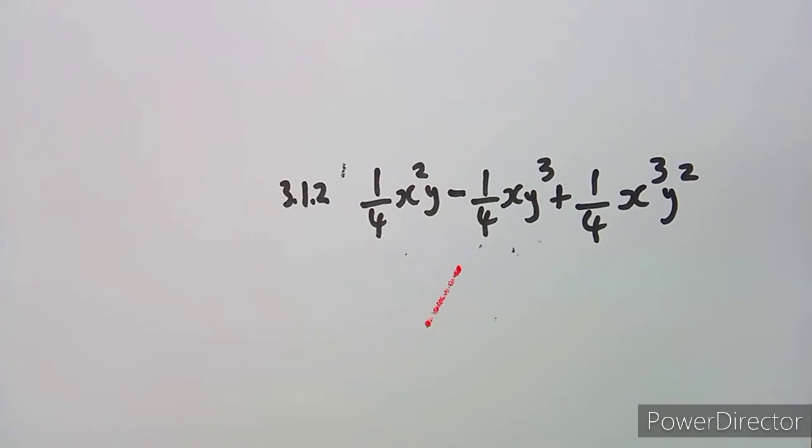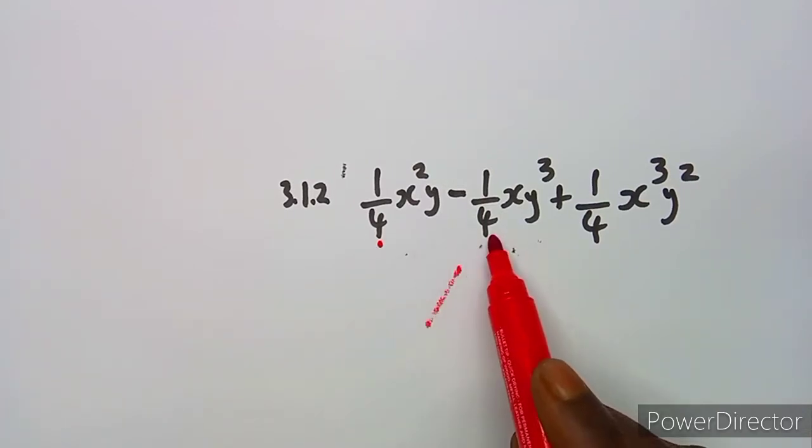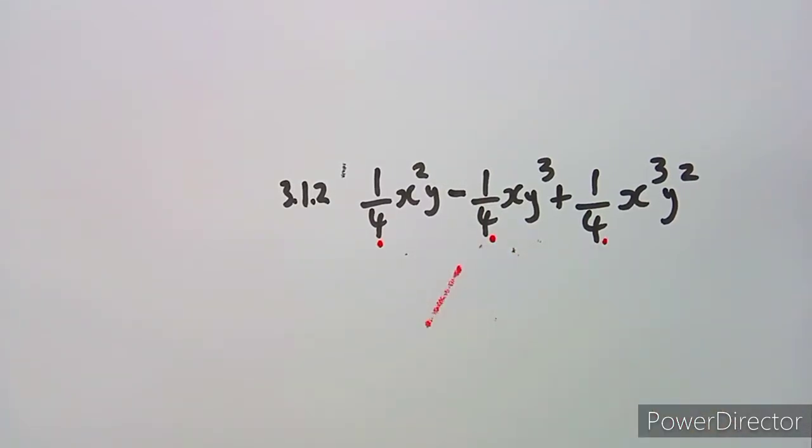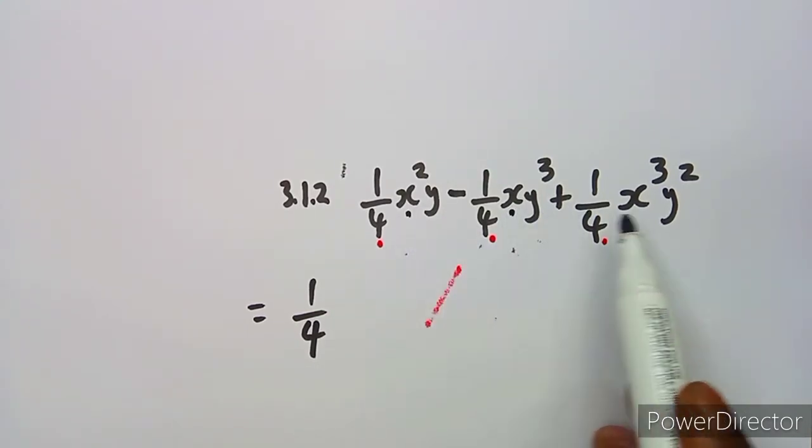So now what we can only do is to check each and every term if there is anything common. Here we've got 1/4, 1/4, 1/4. It's common, so we are going to factor out 1/4. We move on to x. We've got x squared here, we've got x to the exponent of 3.